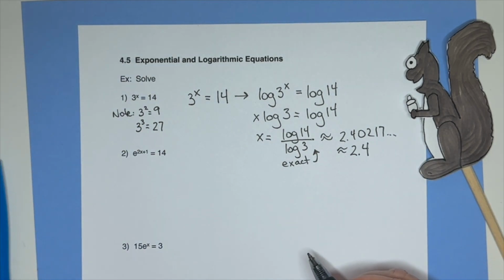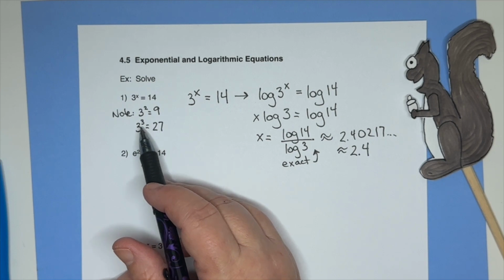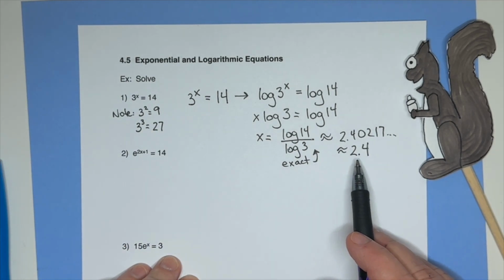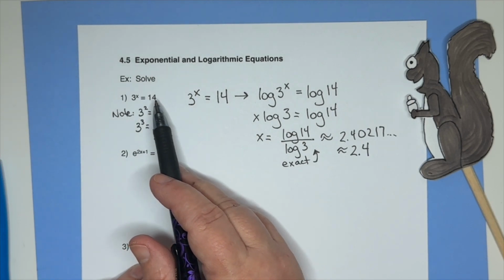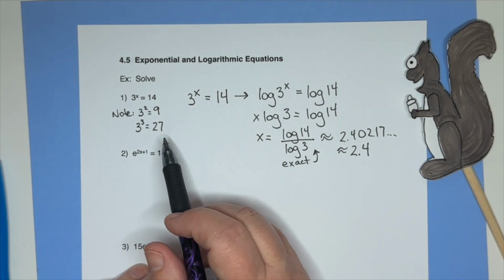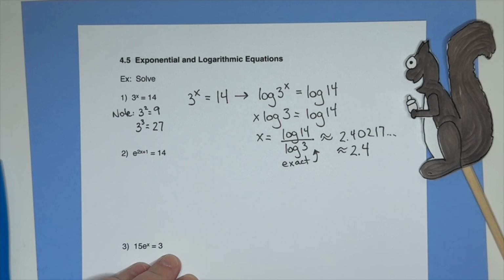Now, remember we said it had to be between 2 and 3. It is. It's 2.4. It's almost halfway, but a little closer, because 14 is a lot closer to 9 than to 27. Okay, we got one down. Let's do another one.